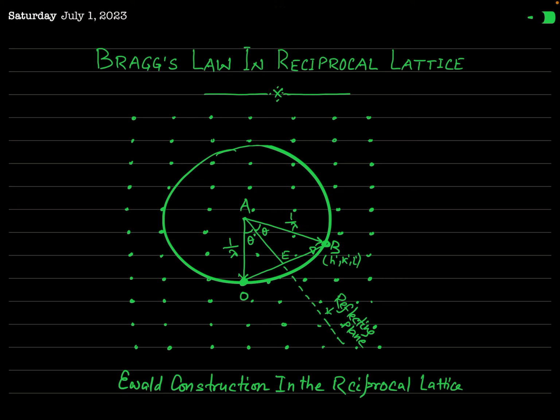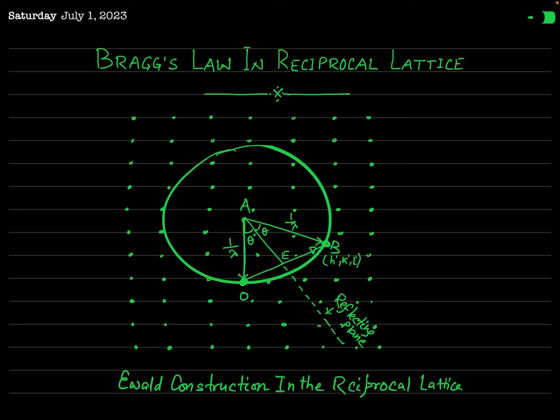Now let us consider a point A, as you can see in this figure here. And this point A is not necessarily at any reciprocal lattice point. It may be at a reciprocal lattice point, or it may not be on a reciprocal lattice point. So let us take this point A, and taking this point A, let us draw a vector, as you can see in this figure, which is AO.